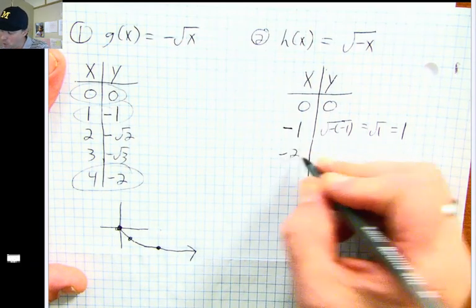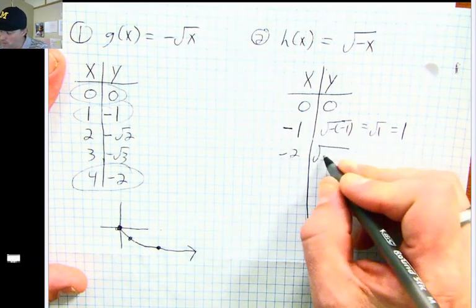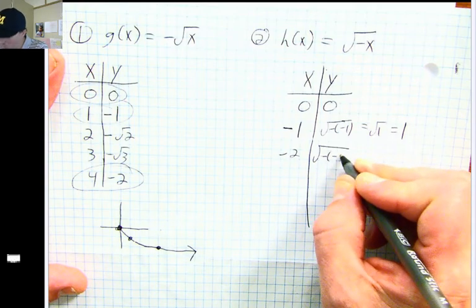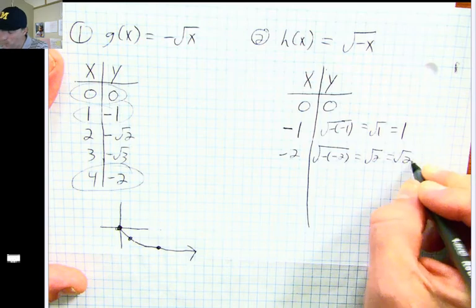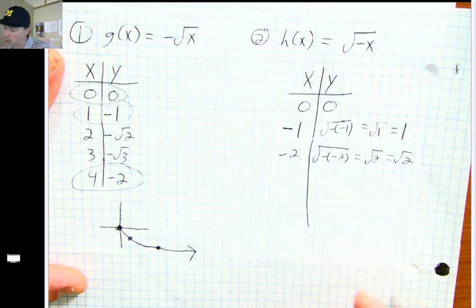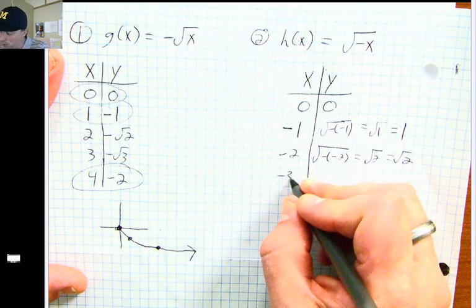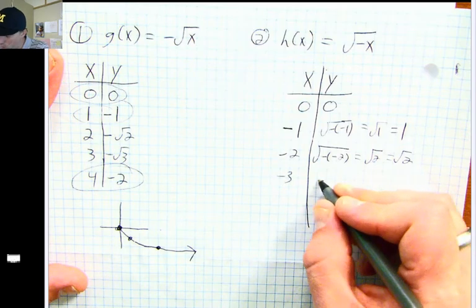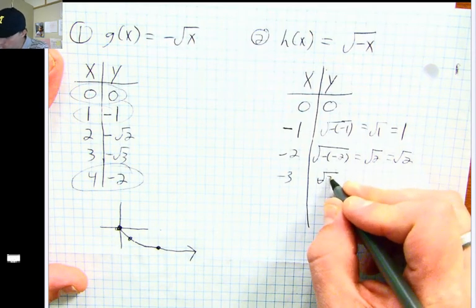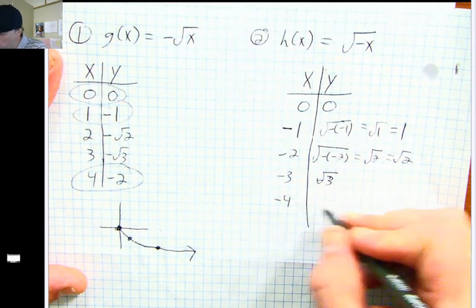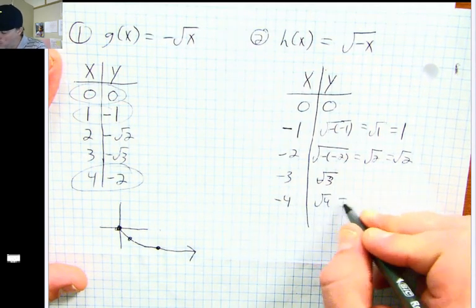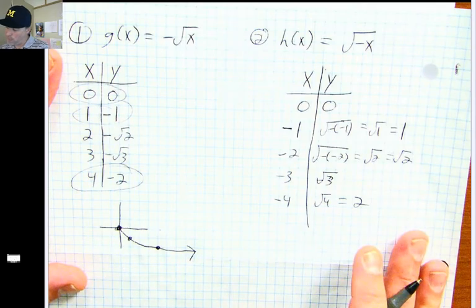Negative 2. The square root of negative 2 becomes the square root of 2, which is just square root 2. Negative 3, square root 3, and then negative 4 is the square root of 4, which is 2.